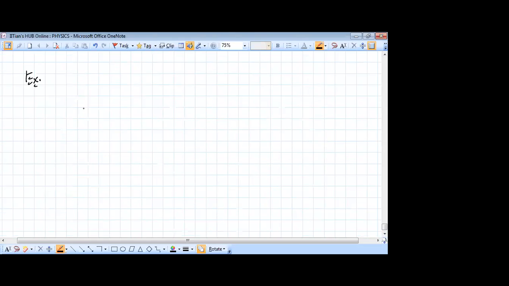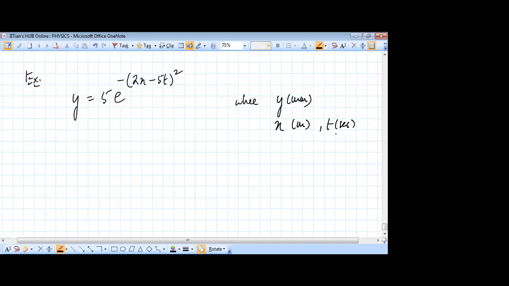So for example, if we have the graph of, let's say, 5 e raised to the power minus (2x minus 5t) whole square, okay, where y is in millimeters, x is in meters, let's say, and t is in seconds. Okay. Now, when we plot this graph, you can see that if we plot it at different times, it will represent a traveling pulse shape.